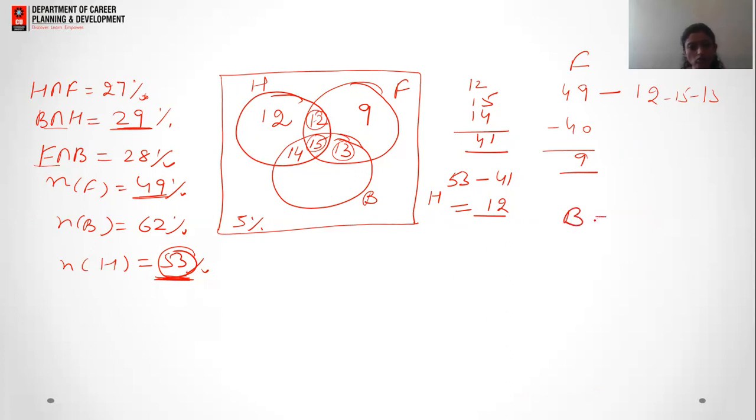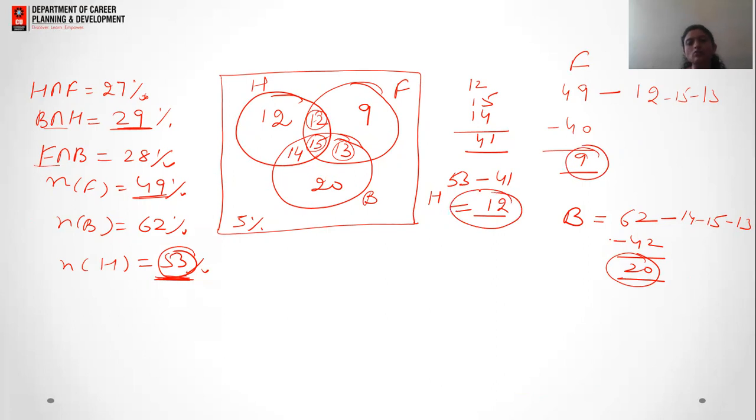As total 62% students like basketball, we subtract the common portion, that is 14, 15 and 13. It means minus 42. So we are left with 20. So 20% students like only basketball. So only basketball 20%, only football 9% and only hockey 12%.